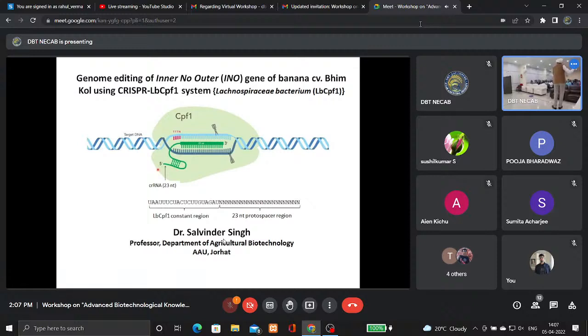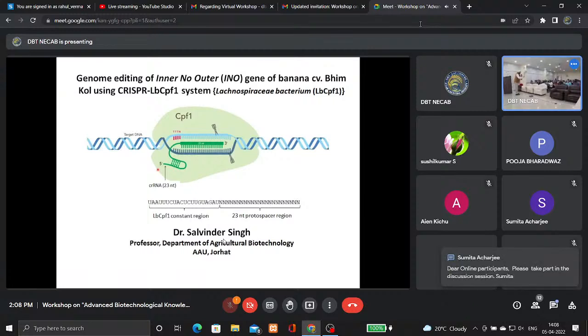For the prerequisite of genome editing, when you want to take up any project or any assignment or any research work on genome editing, the crop plant which you are going to select should have whole genome sequencing available to you. Unless the whole genome sequence is available, you cannot edit.